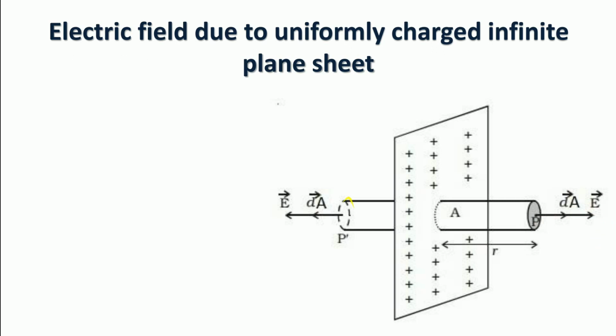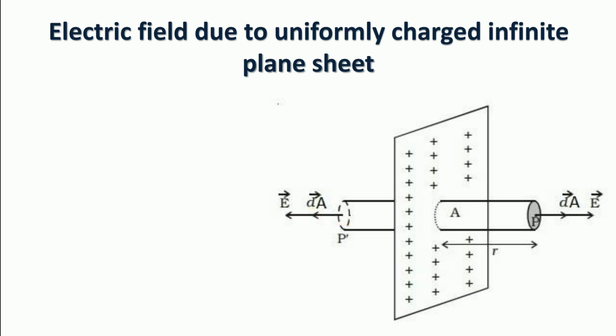If we talk about this area, then the area vector dA is perpendicular to the surface, and the electric field, which is away from the positive charge, is again parallel to the area vector. Here in this case, the electric field and area vector are in the same direction. Theta is 0. The angle is 0. We will consider the electric flux.